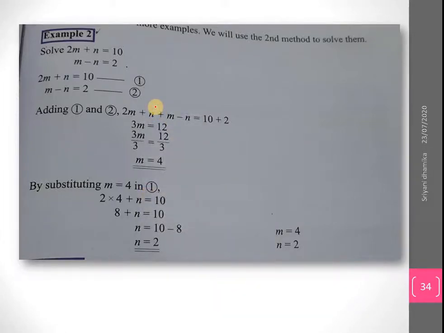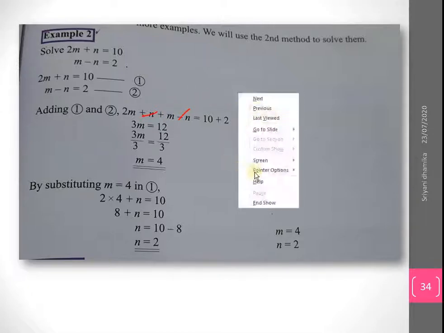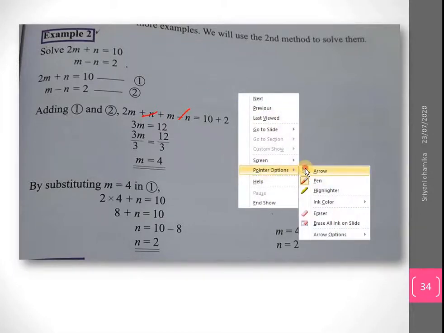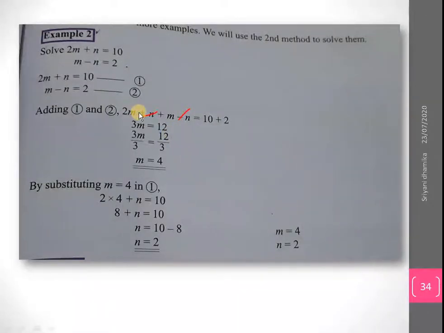Here we eliminate one unknown by adding these two equations. Then the remaining terms, 2m plus m equals 3m, 10 plus 2 equals 12.